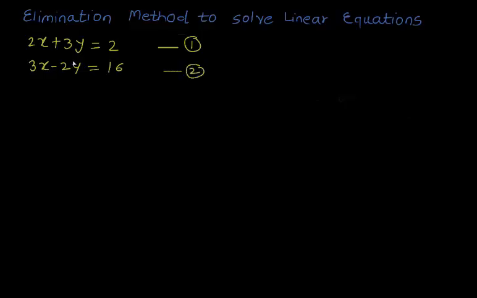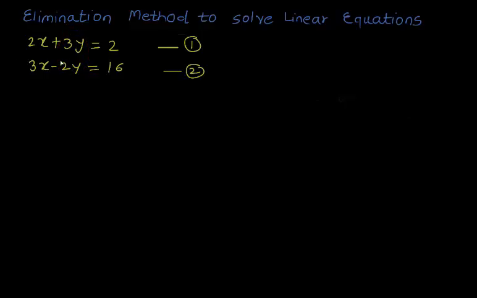To eliminate variable y, we have to multiply the second equation by 1.5. If we multiply minus 2y by 1.5, we'll get minus 3y, and 3y will get cancelled out after adding the two equations.